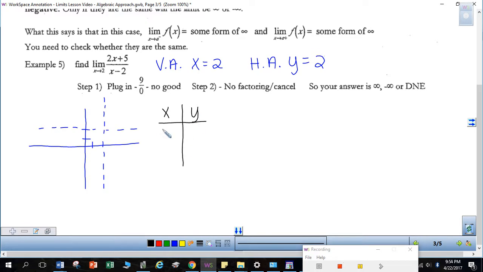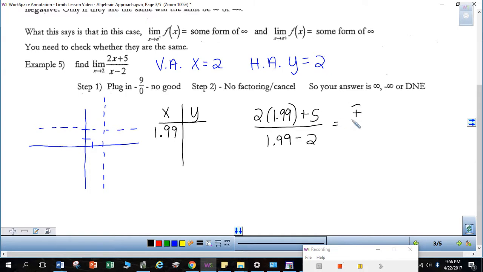We'll start by plugging in an x value that is on the left of 2, so something like 1.99. So we're interested in what's happening right here. If we were to think about plugging that in, we're only interested in the sign of our final answer. We need to know if it's going to be positive or negative.